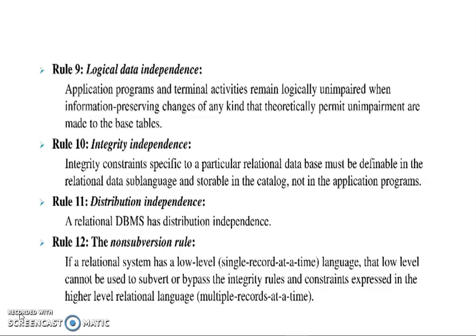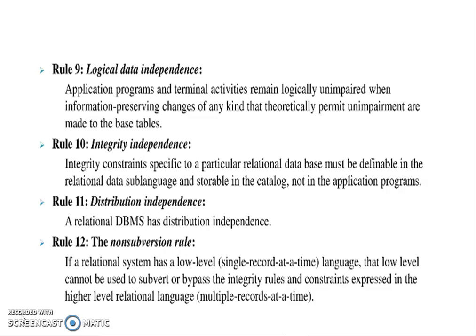It means that those integrity rules and constraints must be followed, and we can't violate them by using any backdoor options. It means multiple records at a time for the higher level relational language, and single record at a time for the low level. Hope everyone understands these 13 rules.